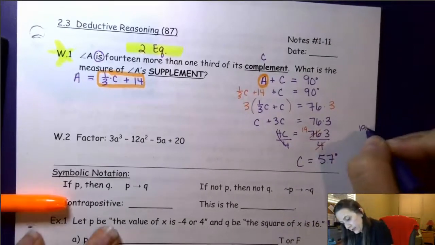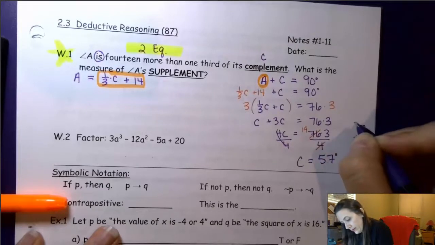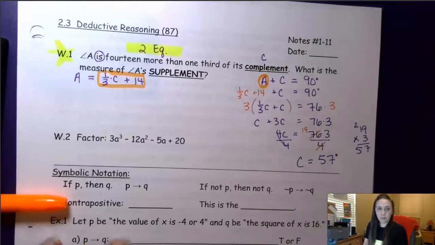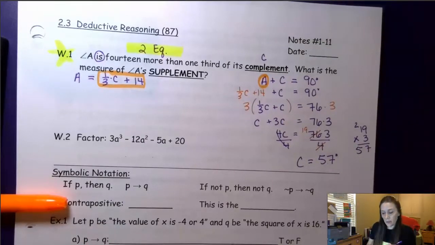Again, you can always do 19 times 3, 57 degrees. But going back to the question, is that what they asked? They asked you to find a supplement.